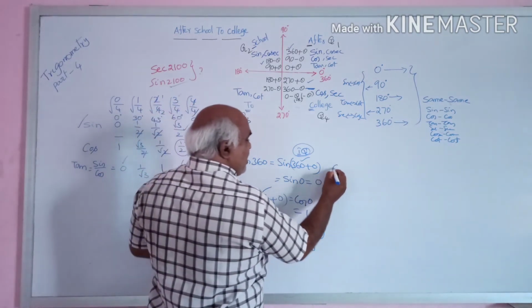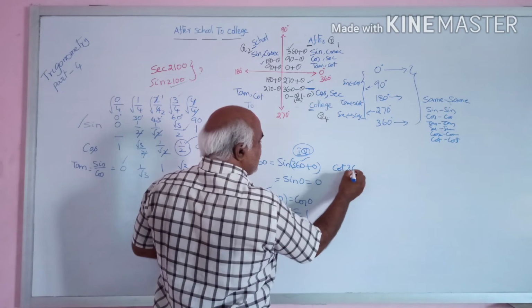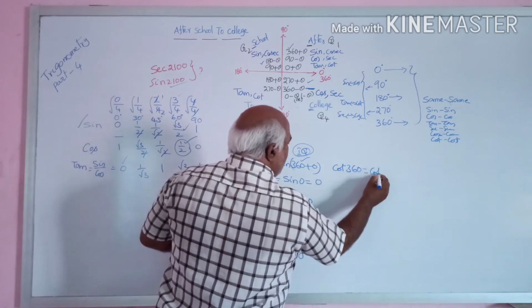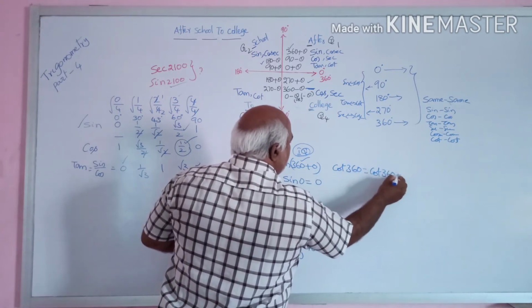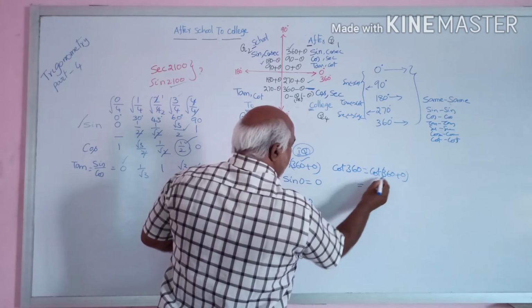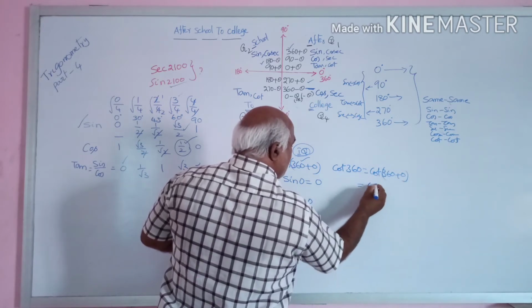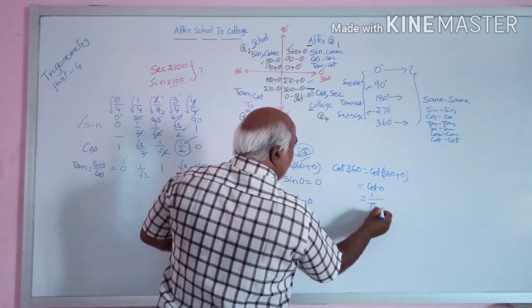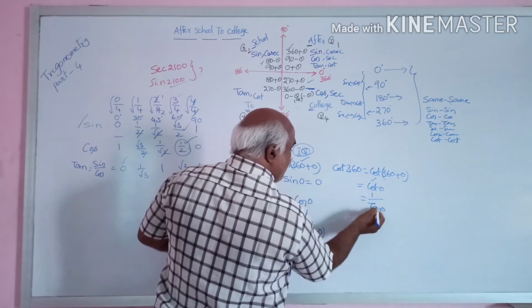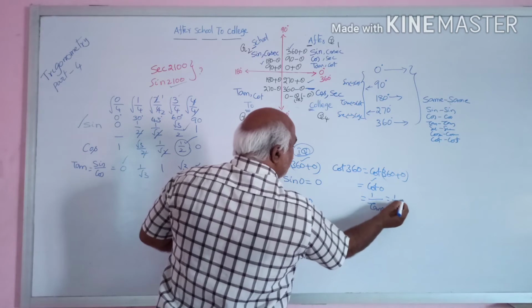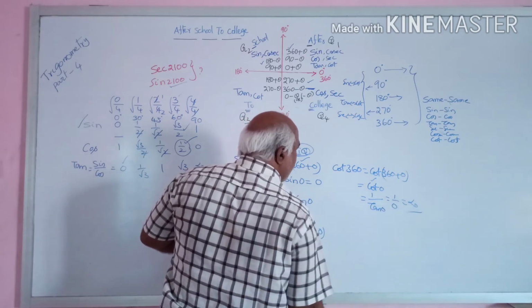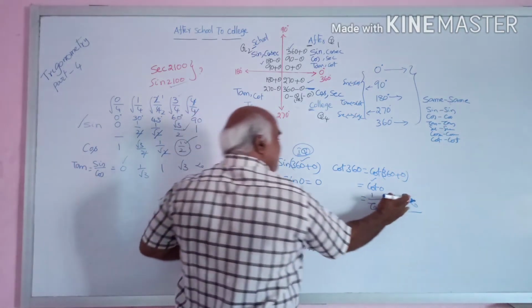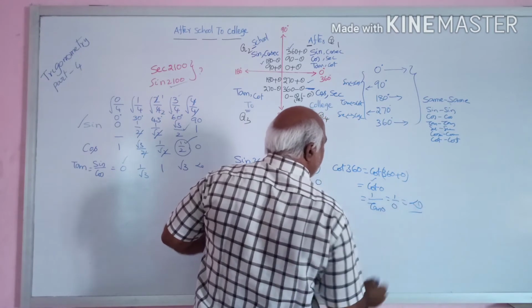Next, cot 360 is equal to cot 360 plus 0. Cot 360 plus 0 is in the first quadrant, same to same, cot 0. Cot 0 means 1 by tan 0, because cot is reciprocal of tan. Therefore 1 by 0, that is not defined or infinite.